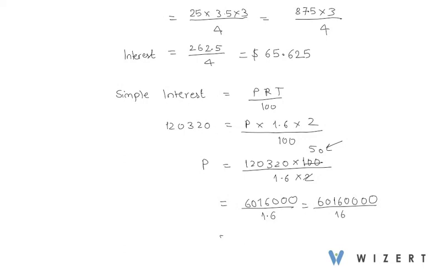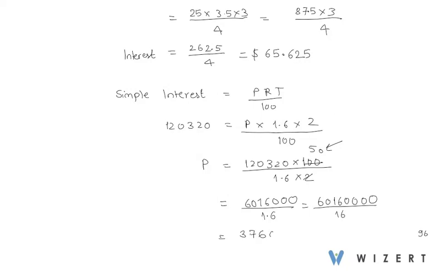So let's divide this. 16 3s are 48, 12 remains, so 121. 16 7s are 112. So 121 minus 112 is 9. So 96 remains. 16 6s are 96.